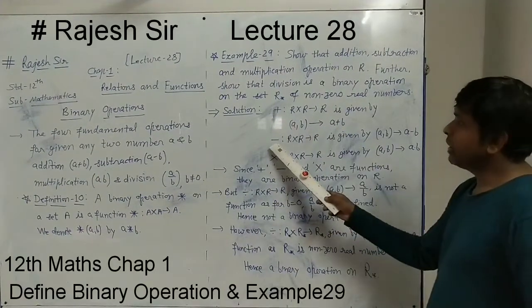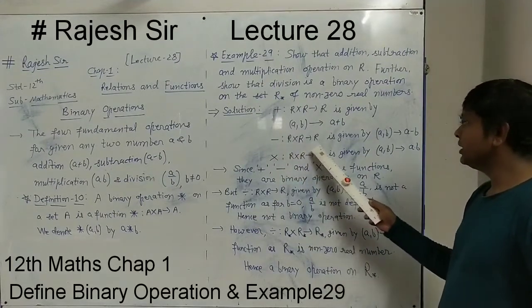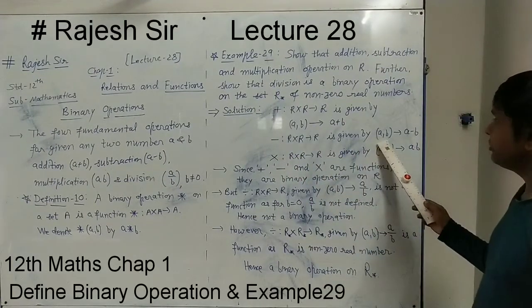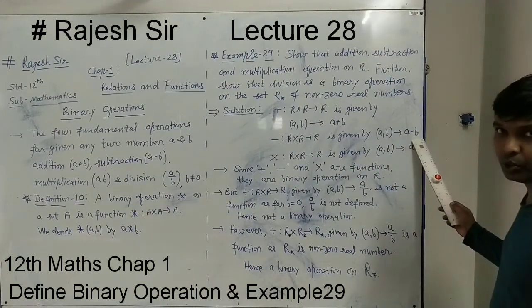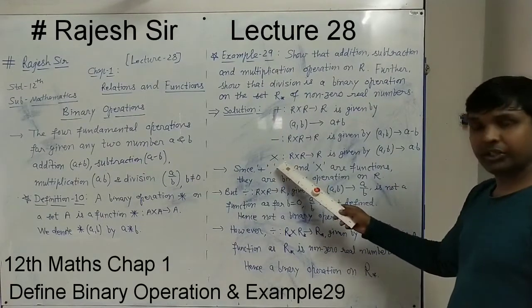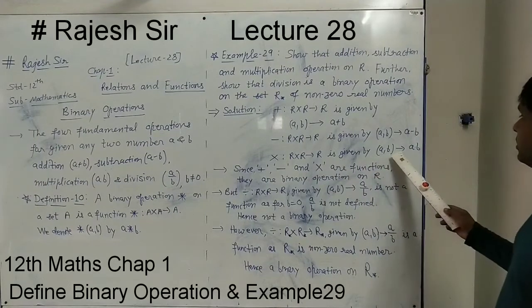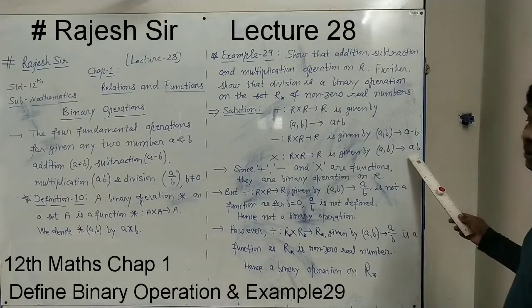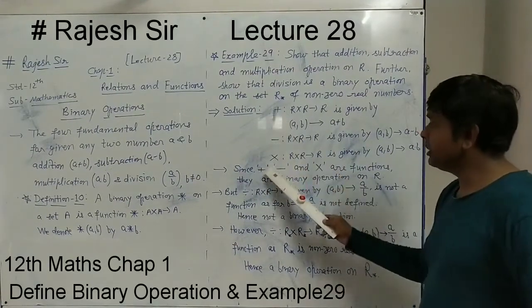Similarly, minus shows subtraction, which is also a function from R cross R to R, given by a minus b. The multiplication function is from R cross R to R given by a into b, multiplication.